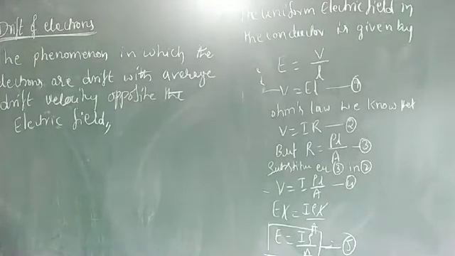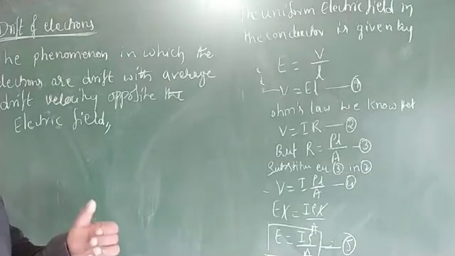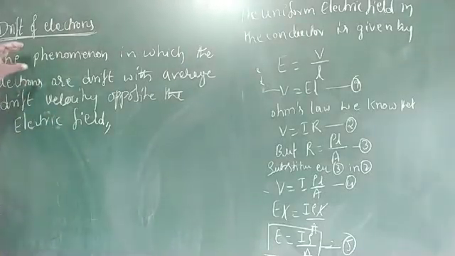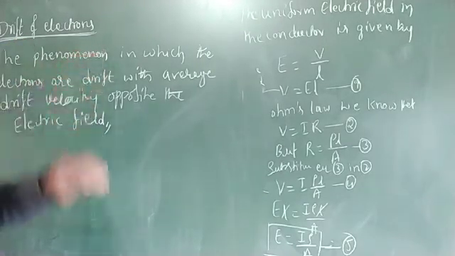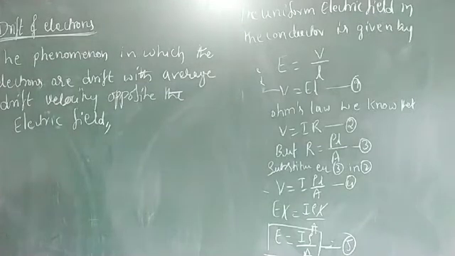This is the definition of drift of electrons. Drift velocity is different, drift of electron is different. Drift of electrons is a phenomena in which the electrons drift with average drift velocity opposite to the electric field.